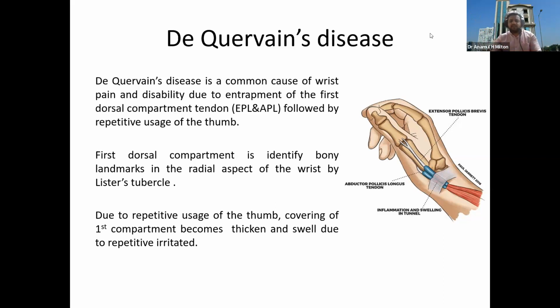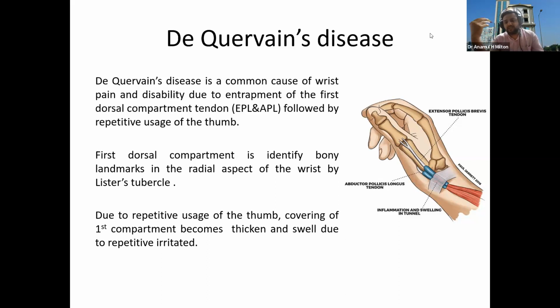So there may be a collection of some fluid. Sometimes it causes tendon degeneration. It causes pain when the tendons are stressed or pressurized, like when we use the thumb for writing or when we grip something in the hand, which pressurizes this compartment.